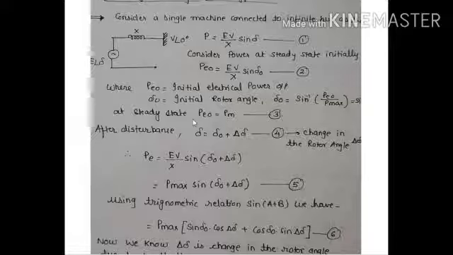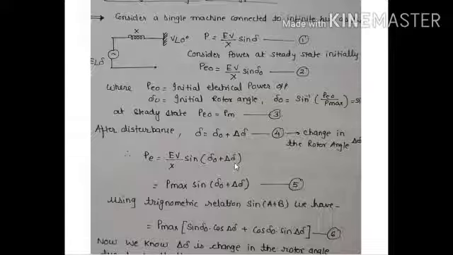Therefore, when I substitute the value of this delta in equation 1, the basic equation, what I am getting here is PE is equal to EV by X into sine of delta 0 plus del delta.